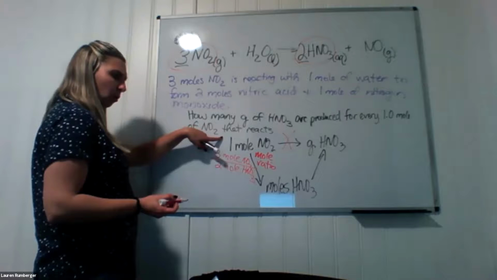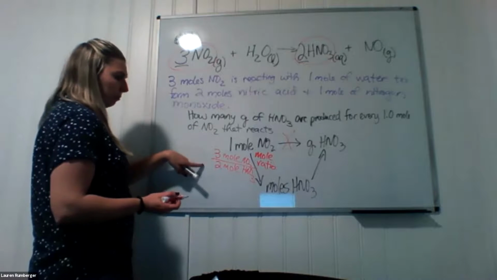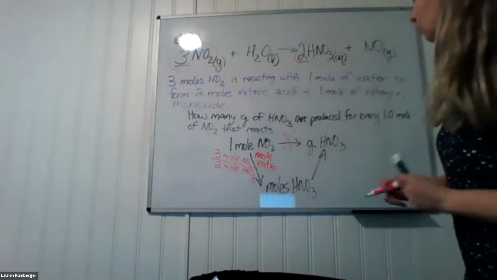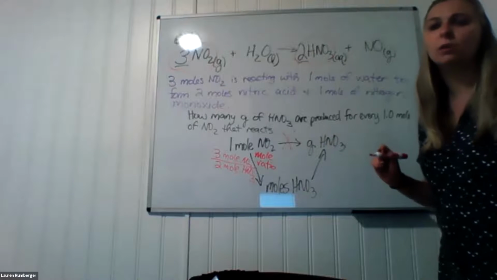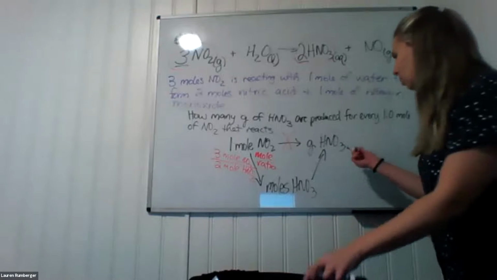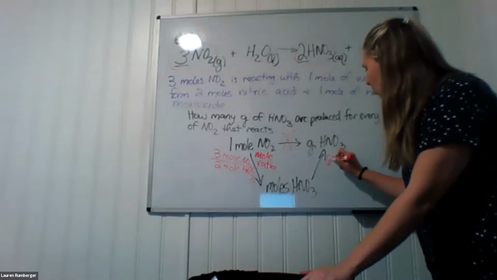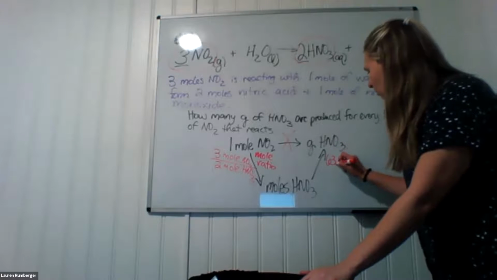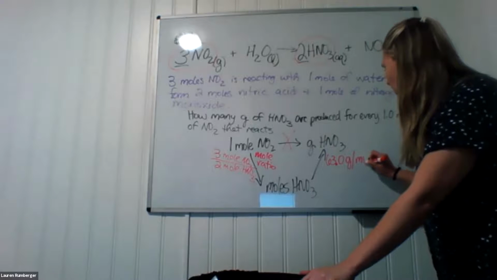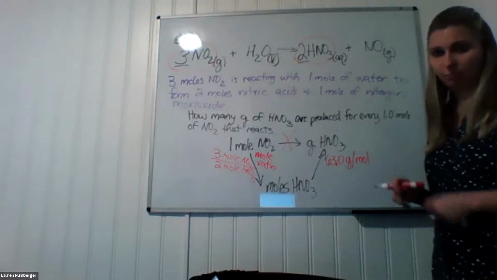You will convert moles to moles using the mole ratio. Then grams, we use molar mass. You are given that the molecular weight is 63 AMU. Remember, the molecular weight is the same as the molar mass. So 63.0 grams per mole is the molar mass.